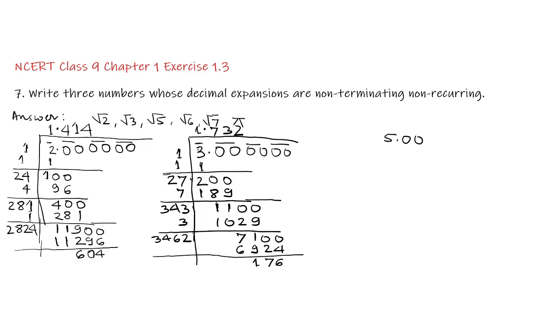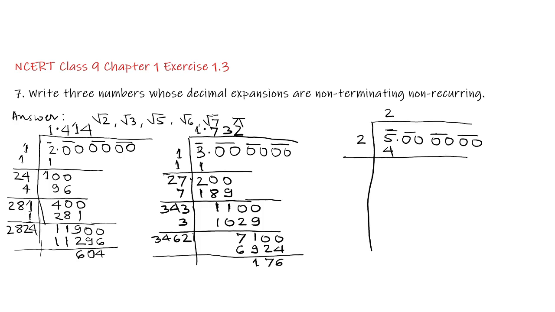After 5 I am putting a pair of zeros, putting decimal and then a pair of zeros. I divided by 2 and I have put 2 in the divisor as well as 2 in the quotient. So 2 times 2 is 4. On subtracting I get 1.